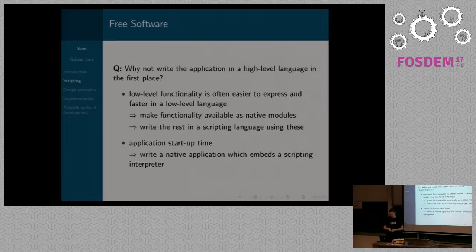So you may ask, why not write an application in a high-level language in the first place? And actually, in most cases, that's a good idea. But there are a few problems with that.